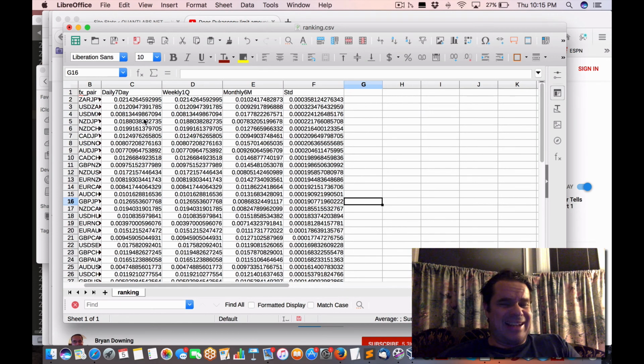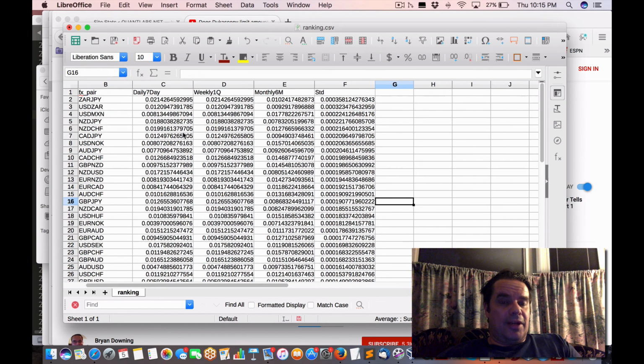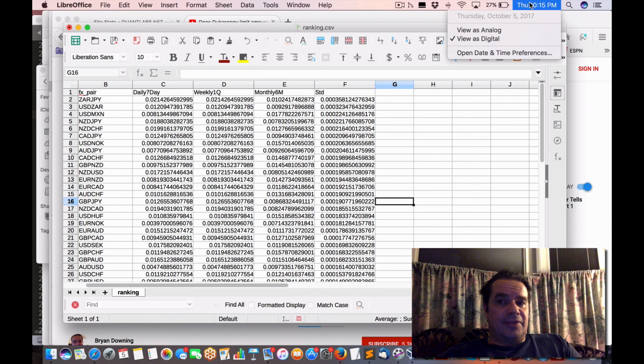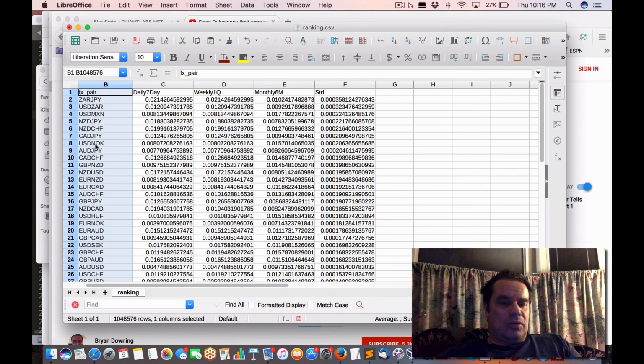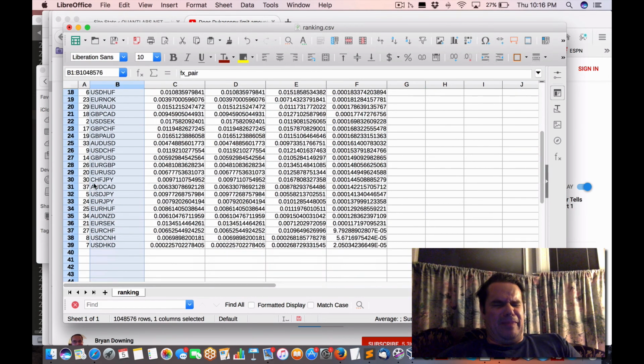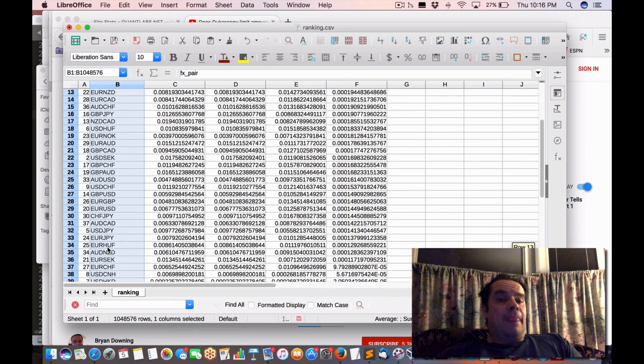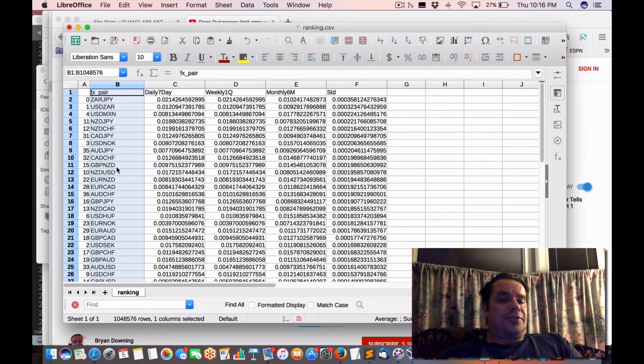Now, this is using IQFeed as the data source. I've shown this before. Today is the 5th of October. What it does is list out all the different combinations of currency pairs.